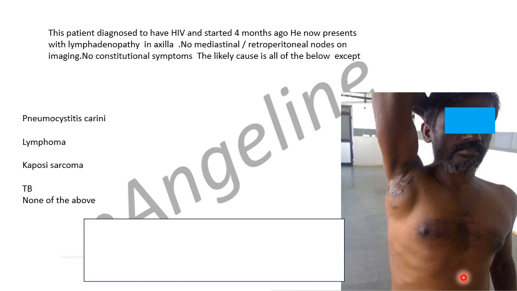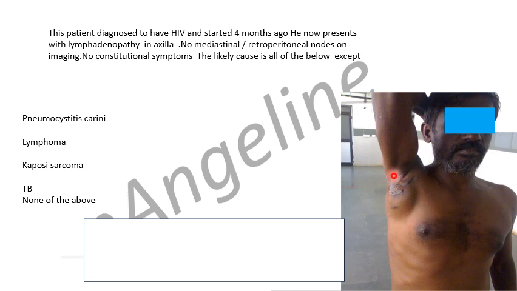You might do a CT. There are no constitutional symptoms. The likely cause is all of the below except: pneumocystis carinii, lymphoma, Kaposi sarcoma, TB, none of the above. Let's see what I want to tell.